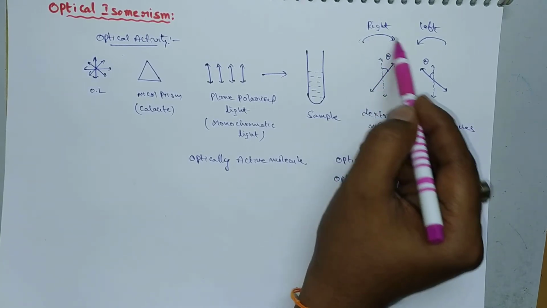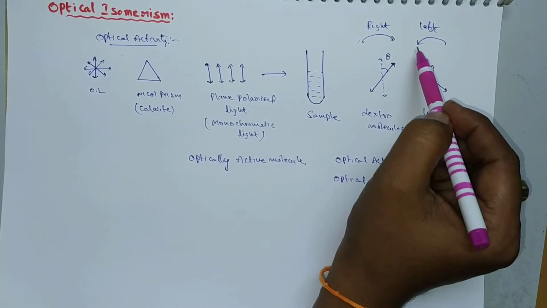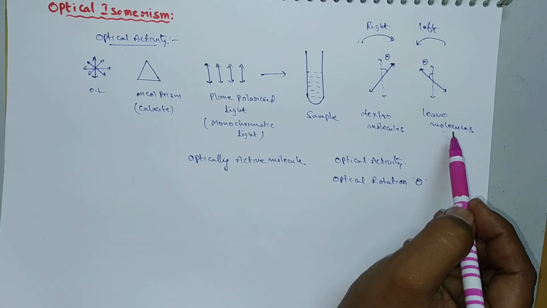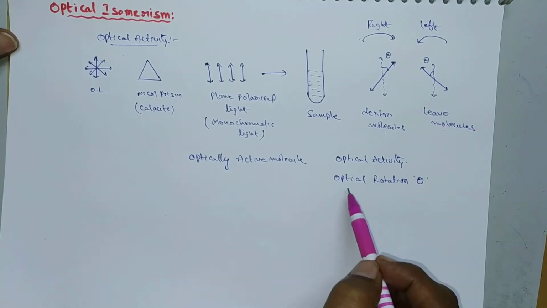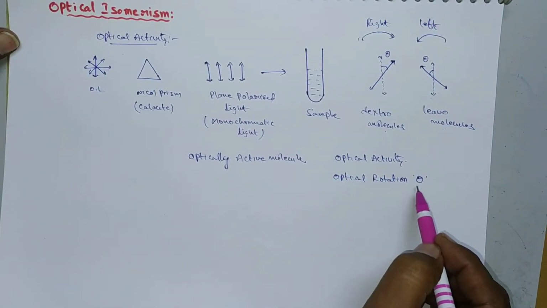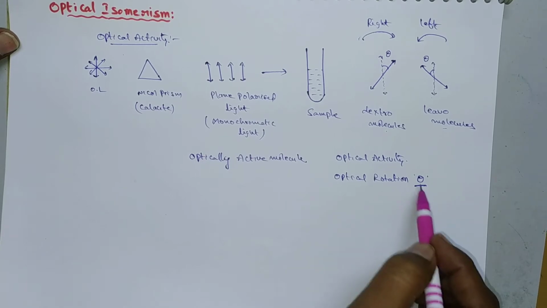The rotation is called dextrorotation and levorotation respectively. Clear? The optical rotation is represented by theta.